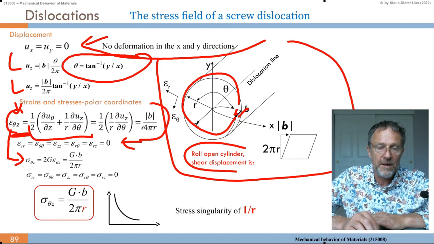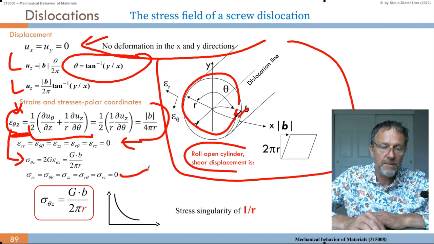So we have the 2 here, which cancels one of the 2, factor 2 with the 4. So we have 1/2 times G, the shear modulus, and 1 over r dependence. All the other stresses also become 0.